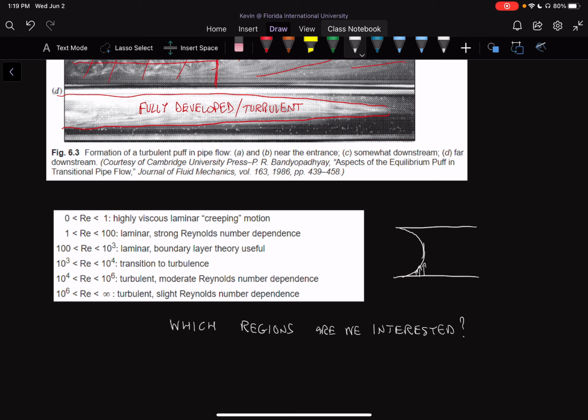In our transition region, it's extremely hard for us to predict what the flow is going to be doing. So we're interested in one, the laminar region, and the other one, our turbulent region. And we'll add here that we want the fully turbulent region.